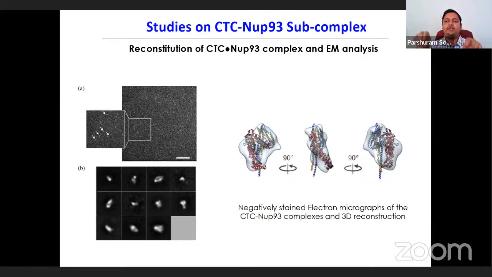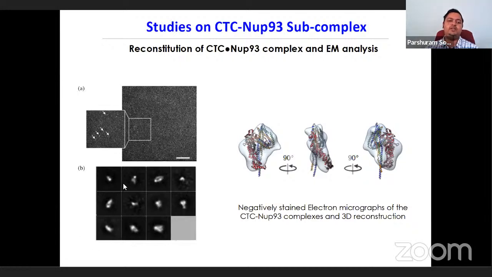So we take a snapshot of each particle, and we do something called particle averaging. After that, we can classify different orientations of these particles from these 2D images. We call these 2D classes. You can see that you have a noisy image in this picture, but when we average thousands of such particles, we can start seeing the structural features.